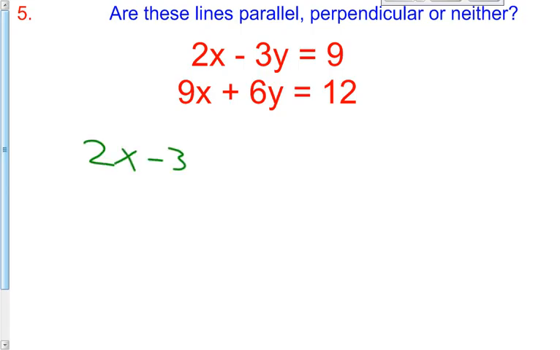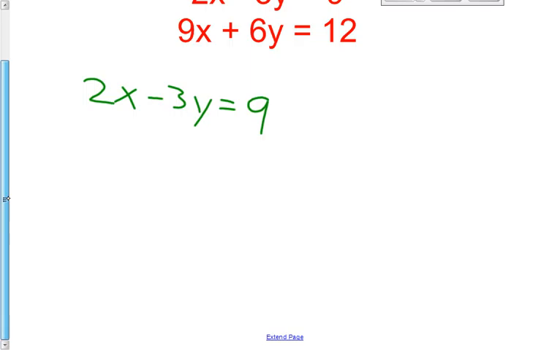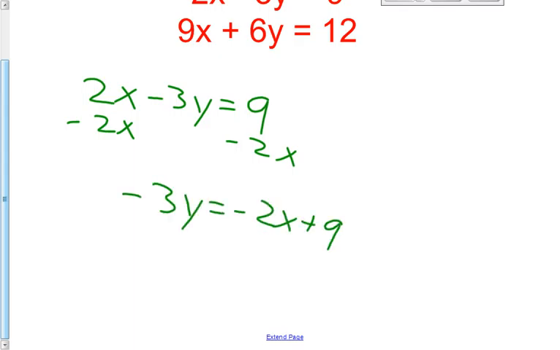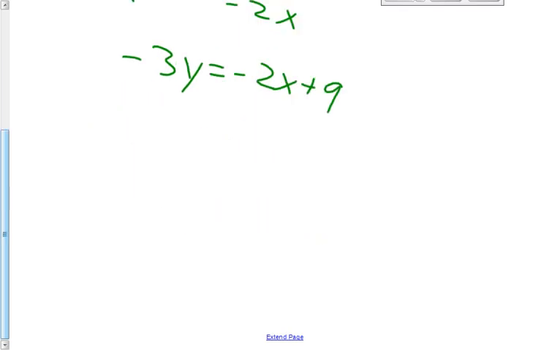2x minus 3y equals 9. Just like in problem number 4, if you were saying, Mr. Berge, what's the slope of this line? I would say, I don't know. However, I can find it out. The way I figured it out is by putting it into y equals mx plus b form. I'm going to subtract 2x. And I get a negative 3y equals a negative 2x plus 9. Getting y all by itself, let's divide by this negative 3.